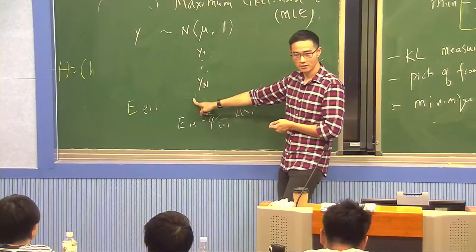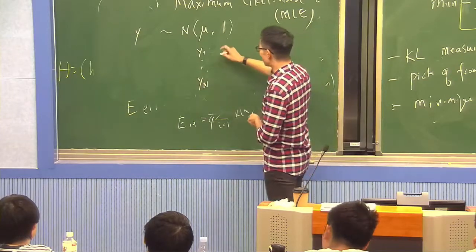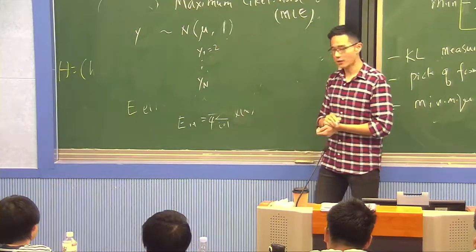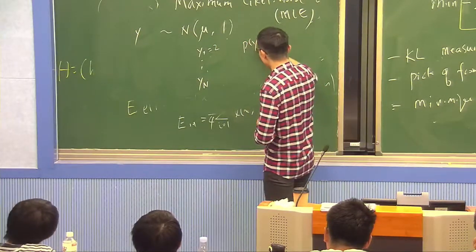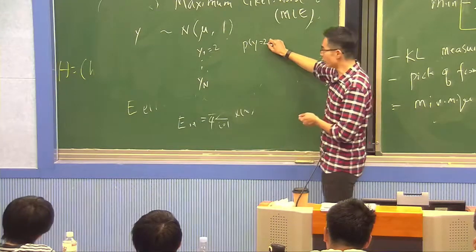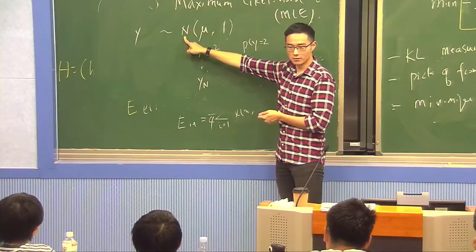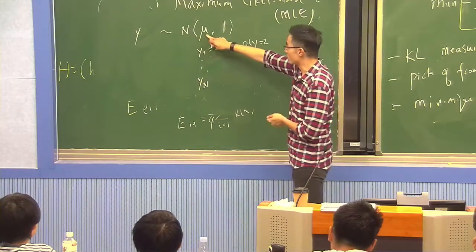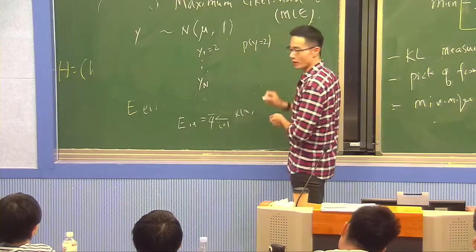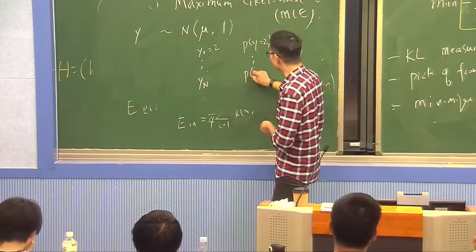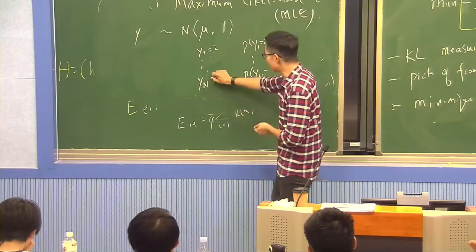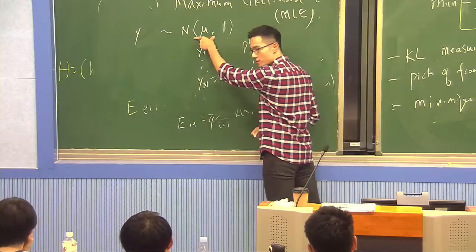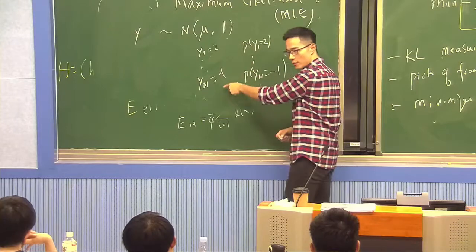If y1 equals, let's say, 2, then I calculate the probability of y equal to 2 according to this normal distribution with this mu. And then I can calculate the probability of yn, maybe equal to -1. According to my hypothesis, what is the probability of each of the points?